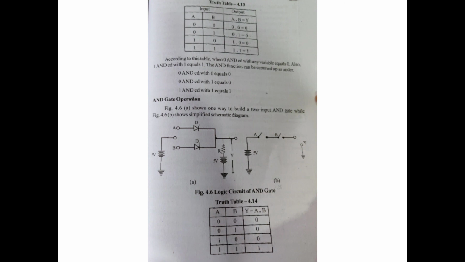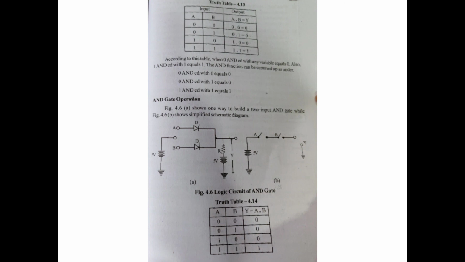Also, variable 1 ANDed with 1 equals 1. The AND function can be summed up as under: 0 ANDed with 0 equals 0, 0 ANDed with 1 equals 0, 1 ANDed with 1 equals 1.